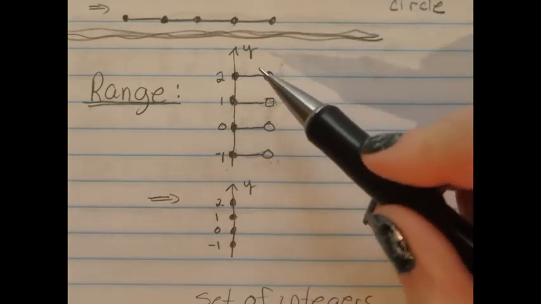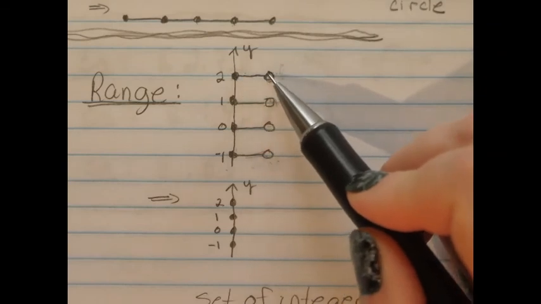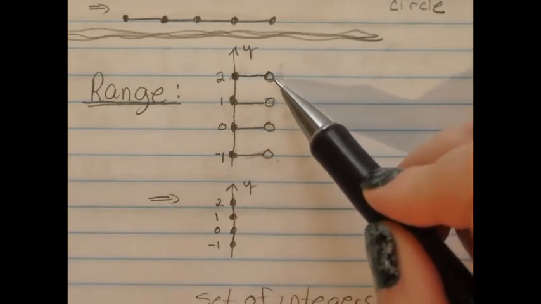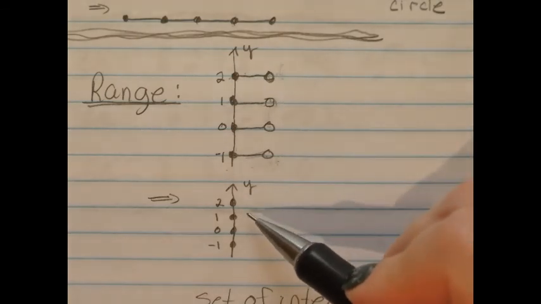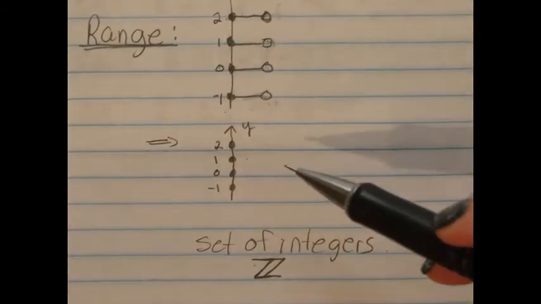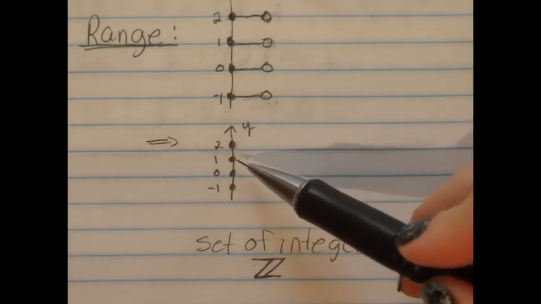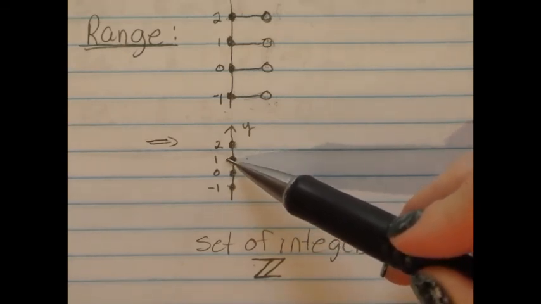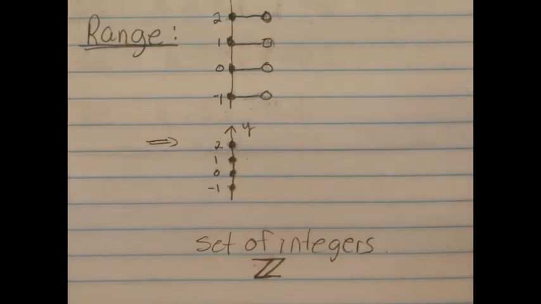Now, as we know, if I have a closed circle and an open circle on the same level, it is going to fill it in. So what I'm going to end up having is basically solid dots along your integers at -1, at 0, at 1, and at 2, and so on.